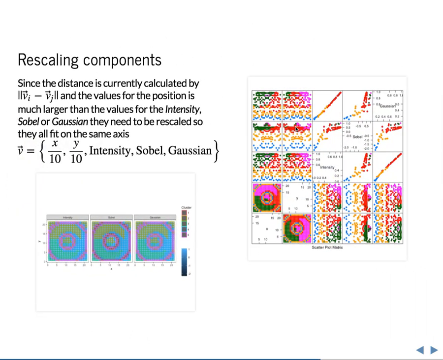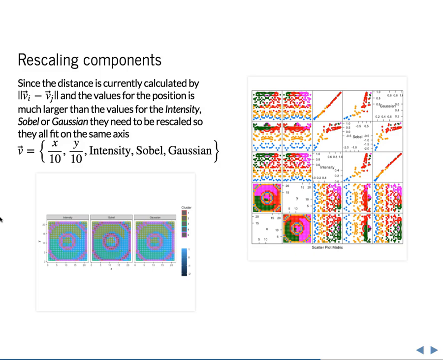And so if you normalize them first, and you divide x by 10 and y by 10, you then end up with this, obviously still using Cartesian instead of polar, so probably not the best representation of the data, but you see that it at least takes the data into account.